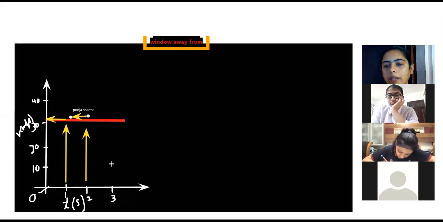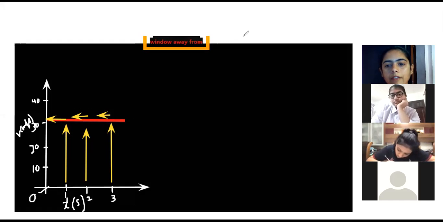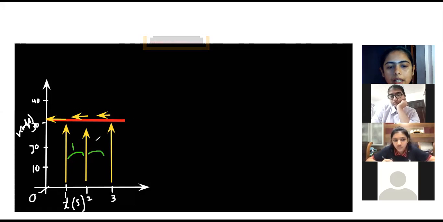Still it is 30 meter per second. When the time is 3 seconds, still the velocity is 30 meter per second. Now, if you closely look onto the graph, what is the variation going in time? From 1 to 2, there is a variation of 1 second. From 2 to 3, there is a variation of 1 second. Equal variation.